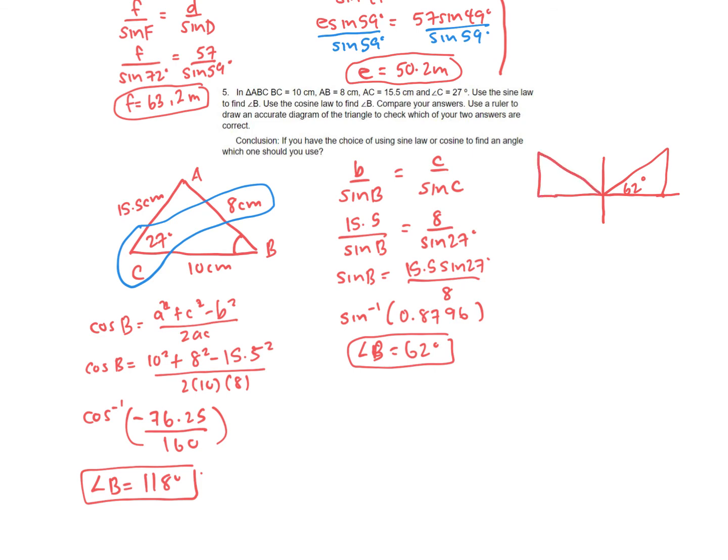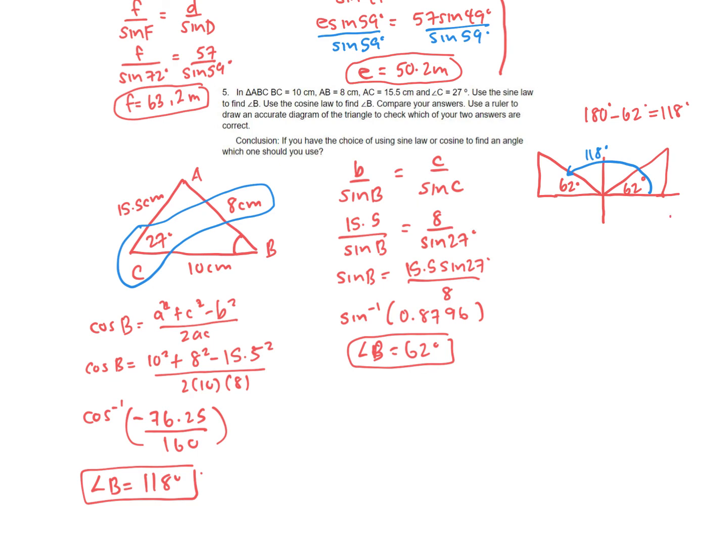And 118, so if you think of 180 minus 62, you'll see that you get 118. And that's because they have the same related angle. So 118 would go to quadrant 2 and would have a related angle of 62.